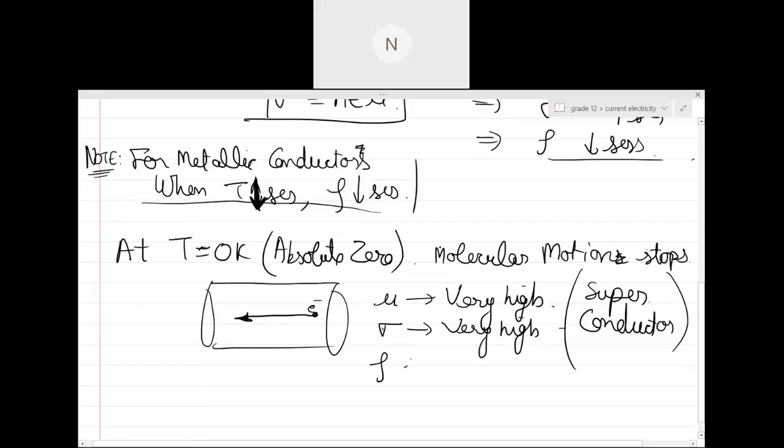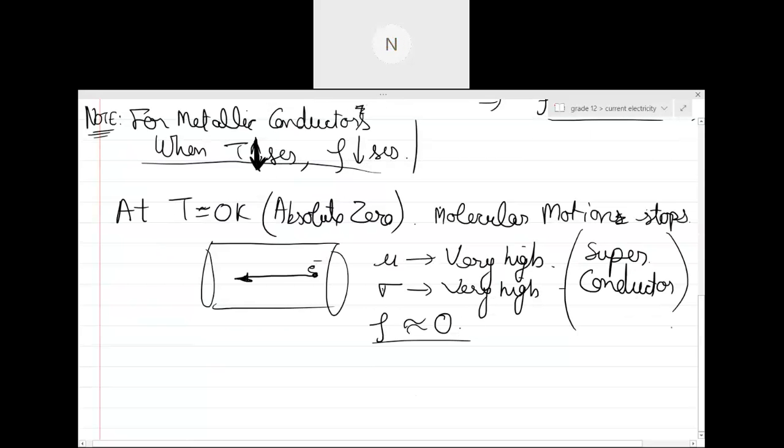Resistivity will be approximately zero. Although conductors already have a very small value of resistivity, if you decrease the temperature to zero Kelvin, even that small amount of resistivity is lost.